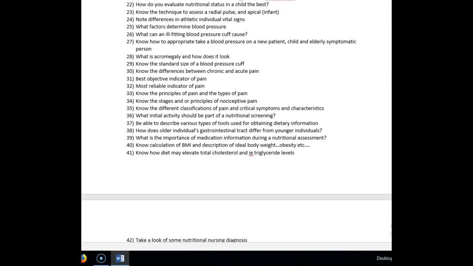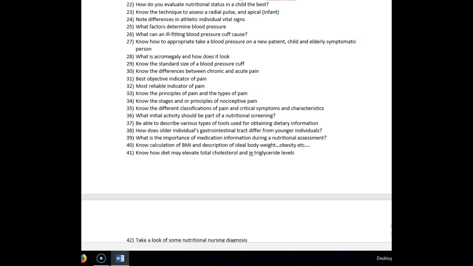When you talk about assessing the quality of somebody's pain, remember I told you about the stages and or principles of pain, and I told you about the different types like neuropathic and nociceptive, and they do have cancer pain and different pains like that.